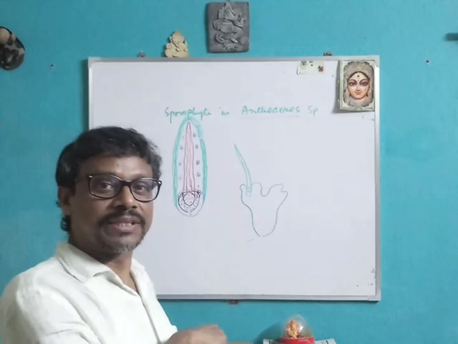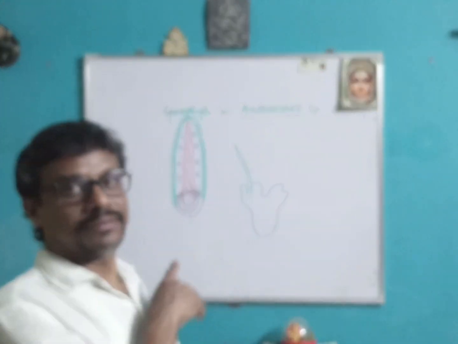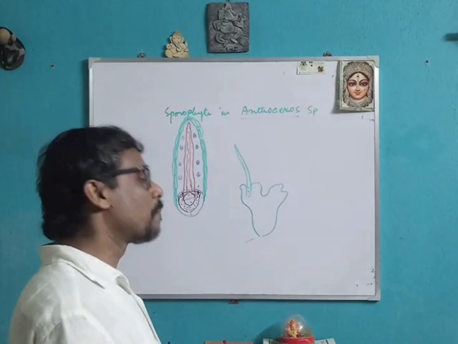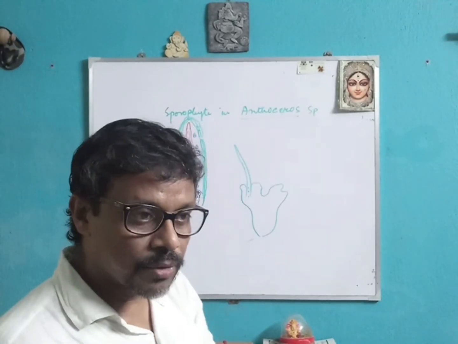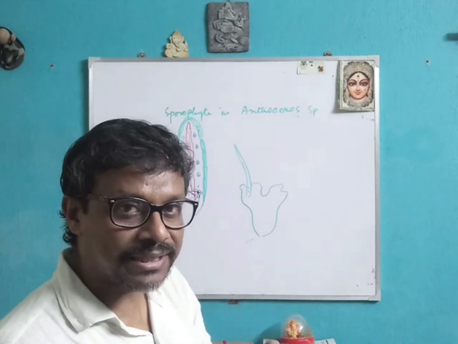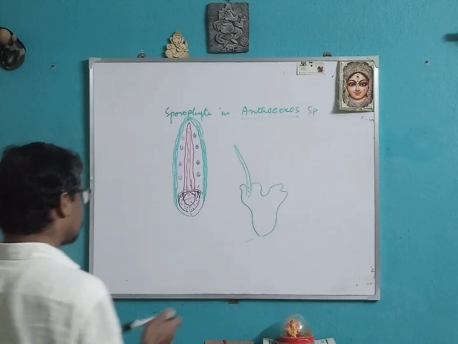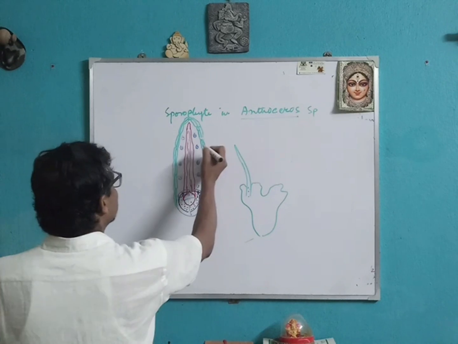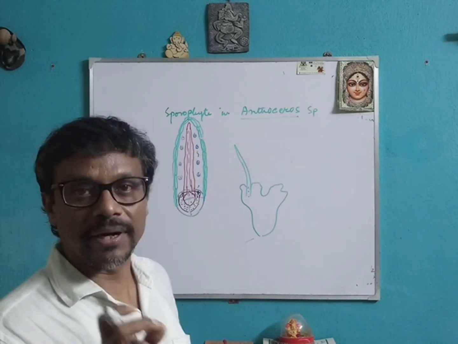And another part of the archisporial cells acts as pseudo-elater mother cells. So part of the archisporial cells act as spore mother cells, and some act as pseudo-elater mother cells that ultimately give rise to pseudo-elaters. Sir, the term elater is found in the case of Marchantia.